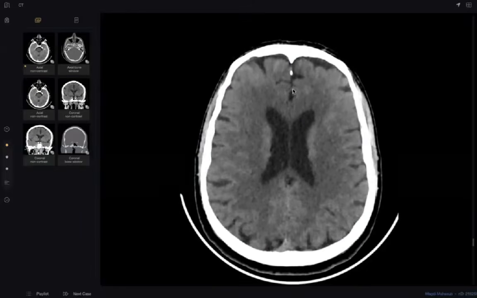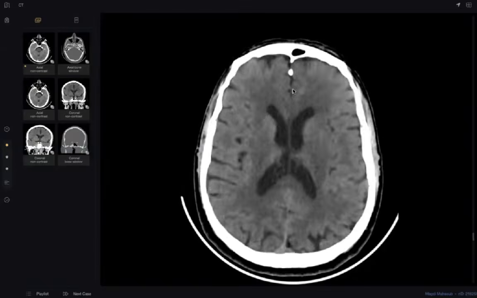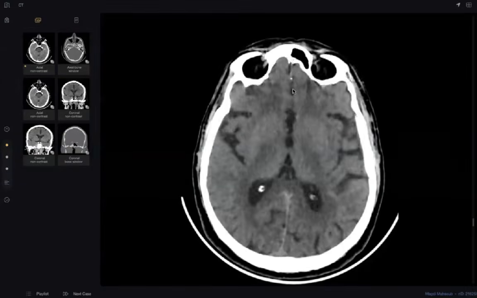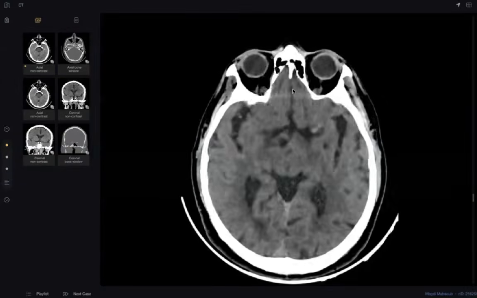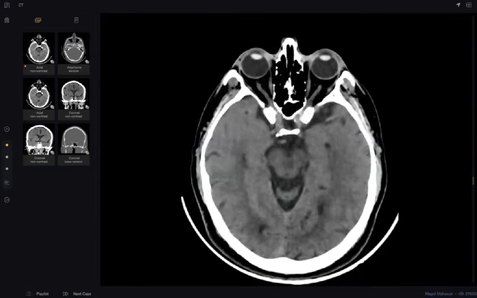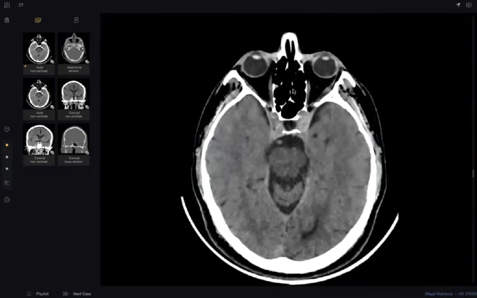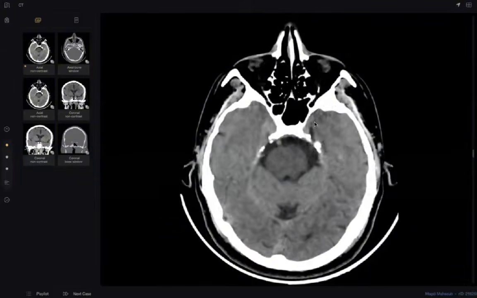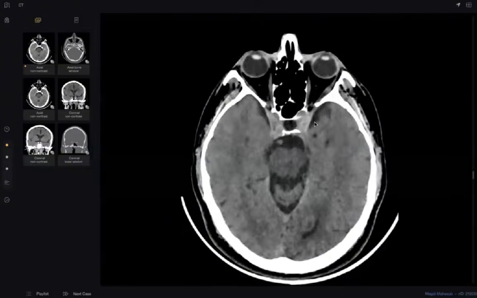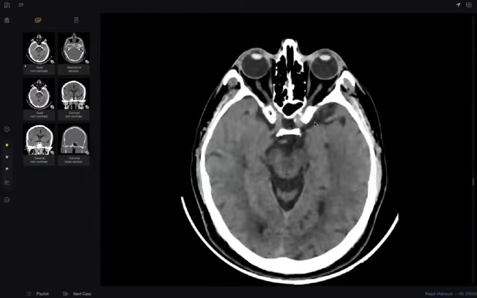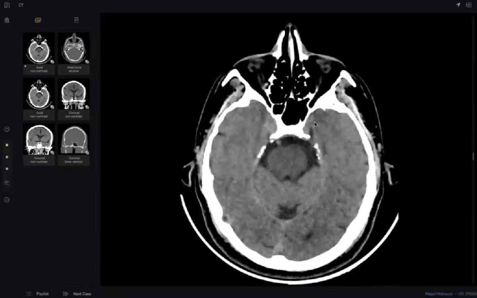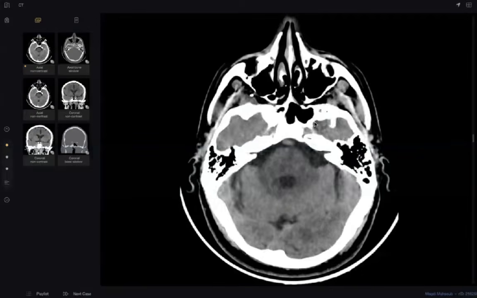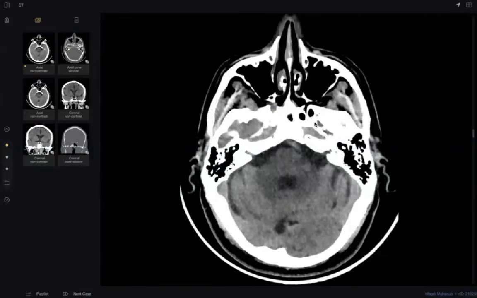I cannot see any gross intracranial infarction, hemorrhage, or midline shift. The orbits appear unremarkable, preseptal and postseptal compartments. However, I can see some distension of the right cavernous sinus. There is asymmetry between the two cavernous sinuses. The ethmoid sinuses are normal. Maxillary sinuses are also normal.